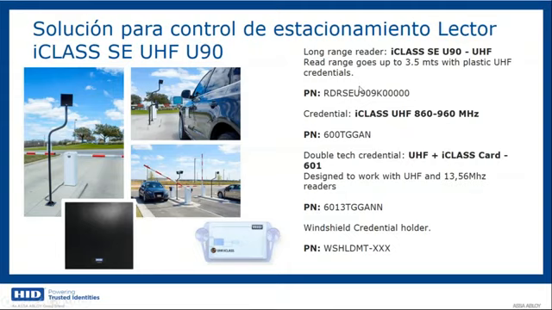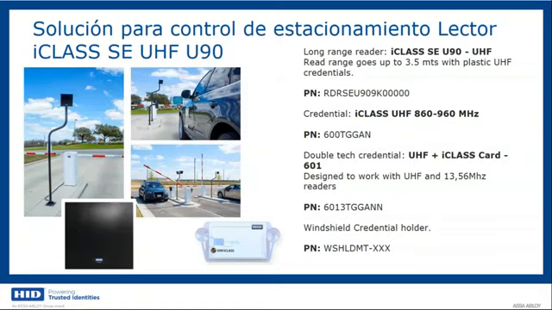Here we have the part number. The solution range goes up to 3.5 meters, okay? And in here, for example, you can use a UHF credential like this one, or you can use a dual-tech credential that will work with UHF readers such as U90, or it can also work with multiCLASS or iCLASS SE readers such as the ones that we saw in the past slides, okay?